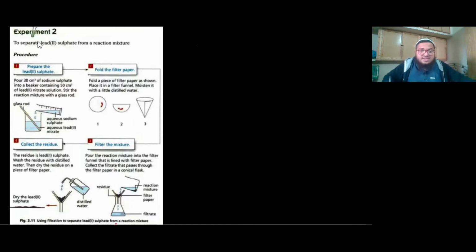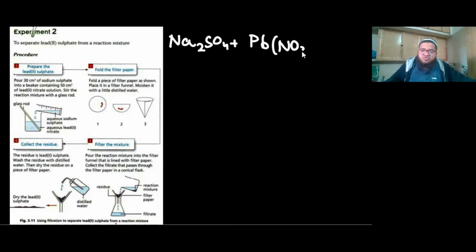In this experiment 2, we've got basically that same reaction that we talked about in the previous video, sodium sulfate and lead nitrate. Sodium sulfate, when it reacts with lead nitrate, Pb(NO3)2, will form sodium nitrate and lead sulfate, PbSO4.